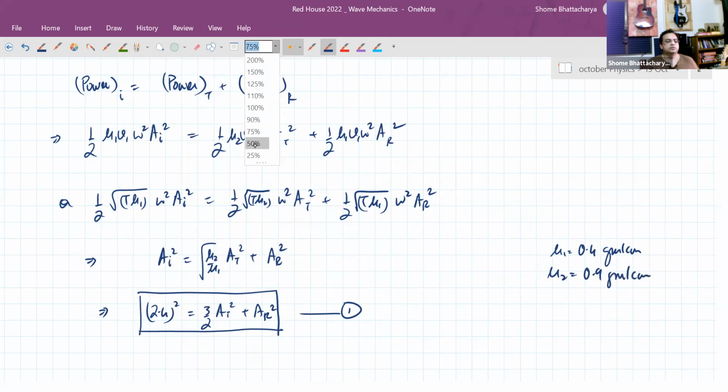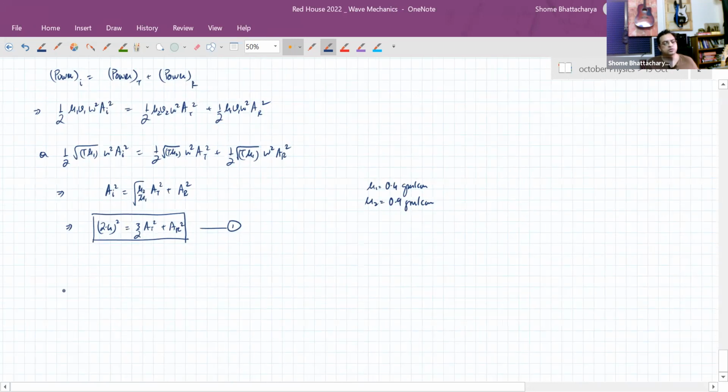So we need a second equation because we have two unknowns. The second equation is also very interesting: at any point on string 1, that is where x is less than 0, the net displacement is the sum of the incident plus the reflected.